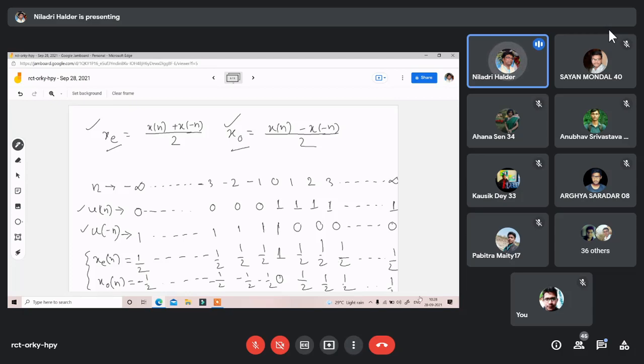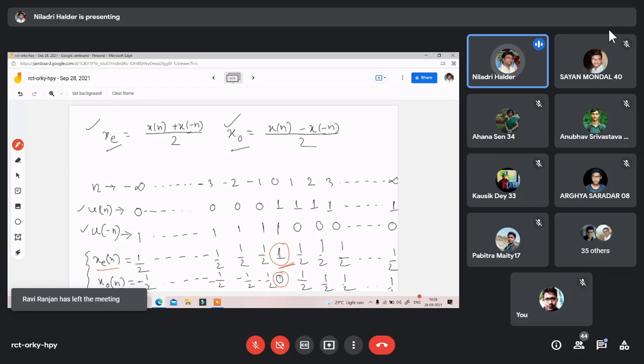Now from here you can see one important characteristic. If we consider the even sequence, for the even sequence the 0th position value will always be non-zero, and for the odd sequence that value will always be 0. That is always true, keep in mind.